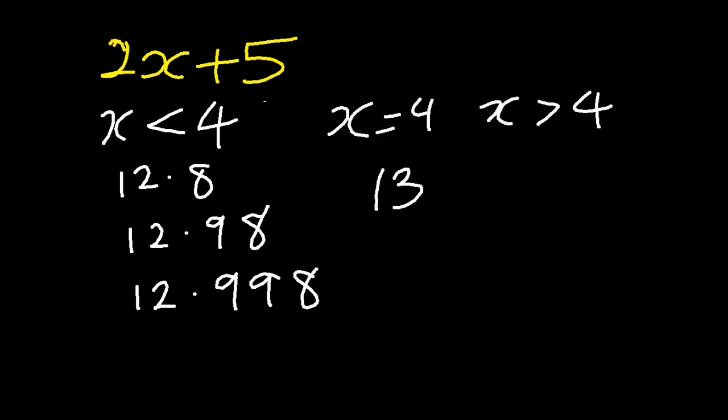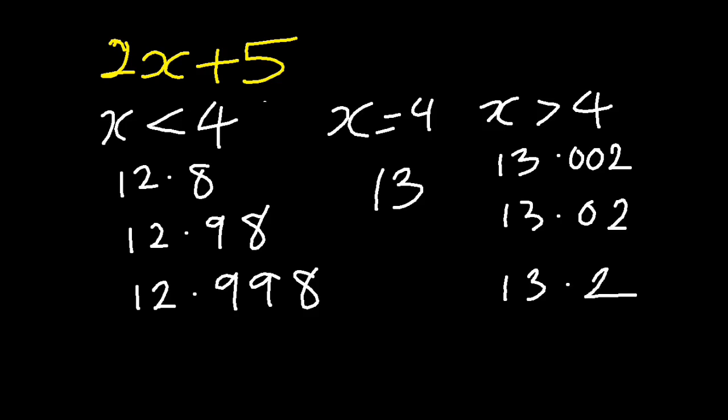And the last one, when x is greater than 4, our set of values are 13.002, 13.02, and 13.2. Actually, it's more than this, but we will just consider the set of value we evaluated.